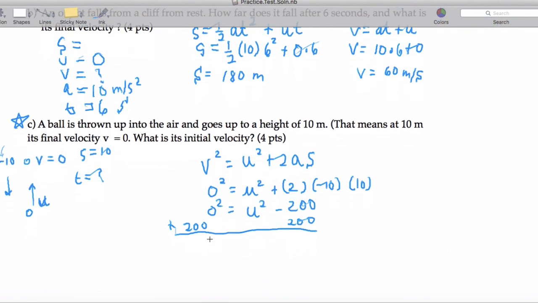That's going to give me 200 equals u squared. When I simplify that, I believe it's going to be about 14.1. So I take the square root of both sides, and that gives me u equals 14.1 meters per second. So that's question number 7. We'll take a look at question number 8 in the last video.